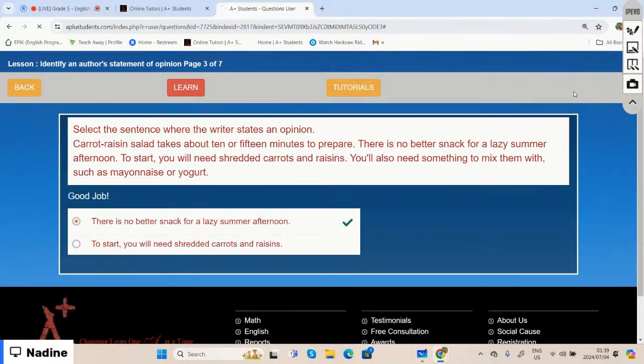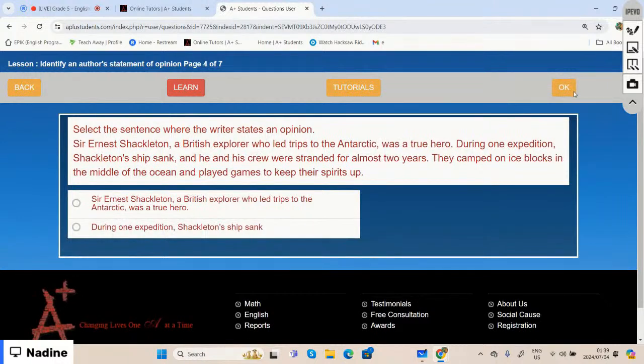All right. The next one says Sir Ernest Shackleton, a British explorer who led trips to Antarctica, was a true hero. During one expedition, Shackleton's ship sank and he and his crew were stranded for almost 2 years. They camped on ice blocks in the middle of the ocean and played games to keep their spirits up.